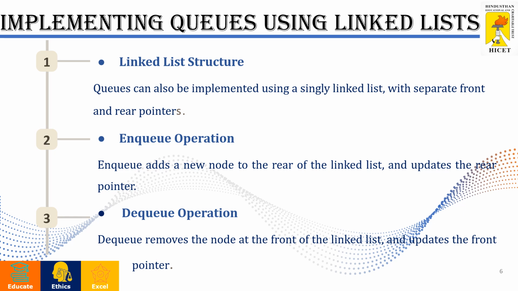Enqueue adds a new node at the end of the linked list, or at the rear of the linked list, and updates the rear pointer, whereas dequeue removes the node from the front of the linked list and updates the front pointer.